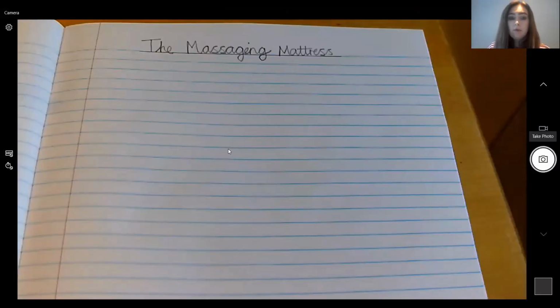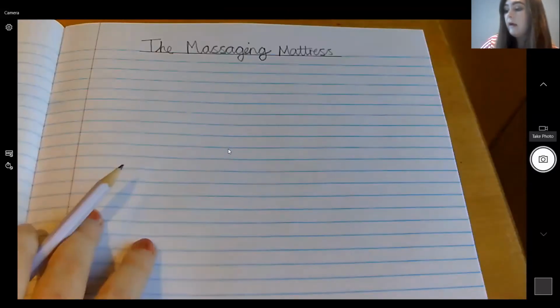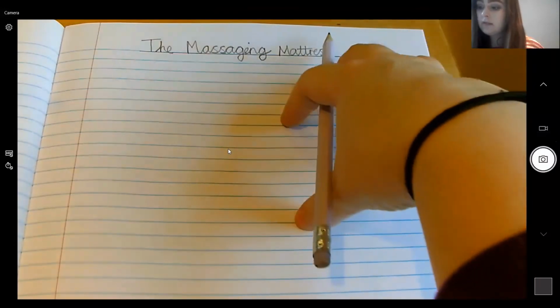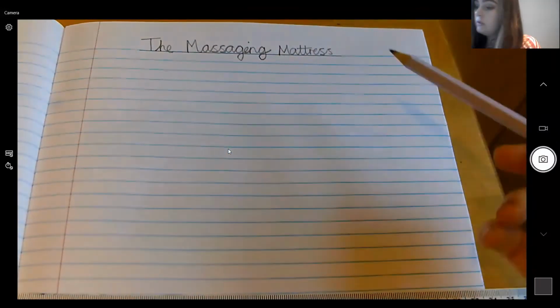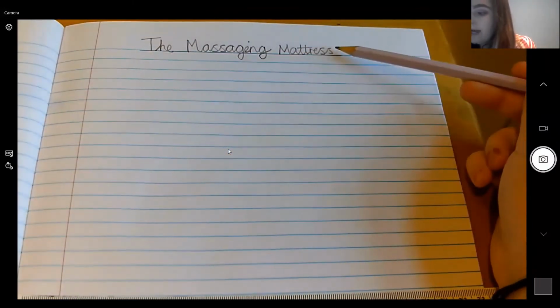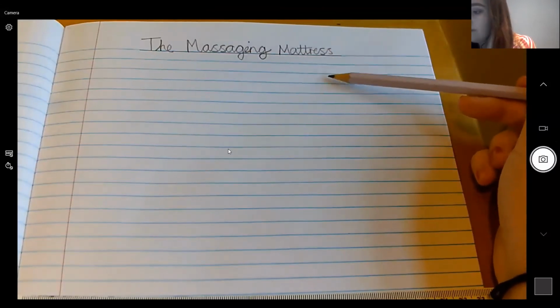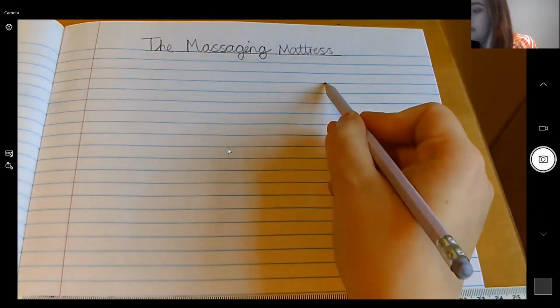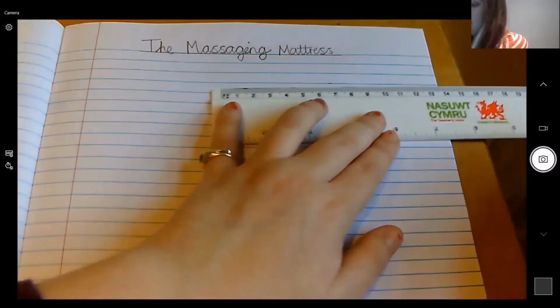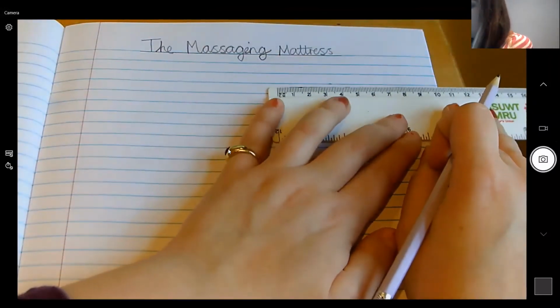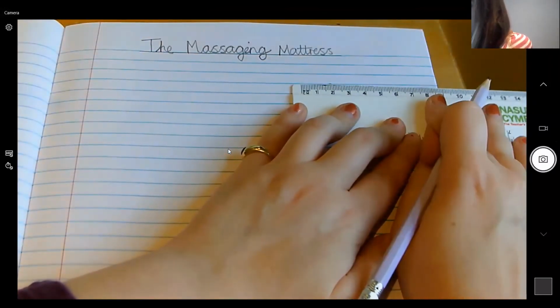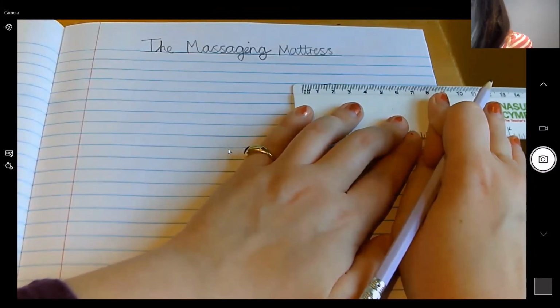Now, remembering our text map, we have our picture or our diagram on this side. So what I'm going to ask you to do is, from your heading, I'm going to ask you to count 1, 2, 3 lines down and do a dot. And then we are going to draw a box that is going to be 8 centimeters.